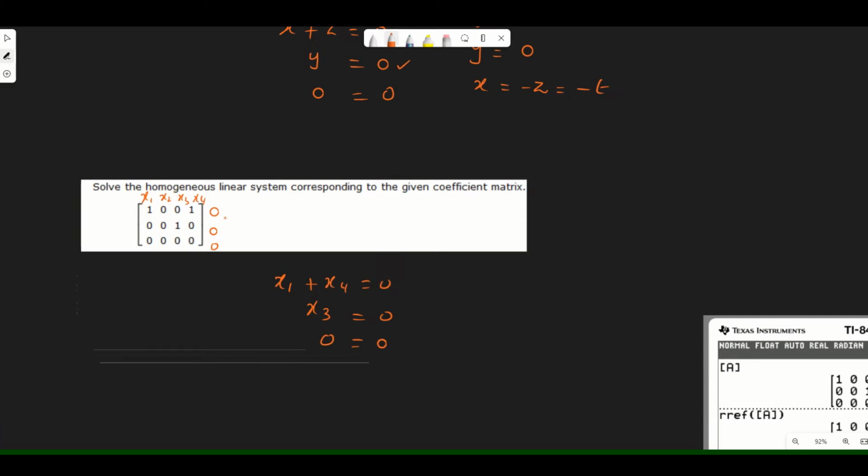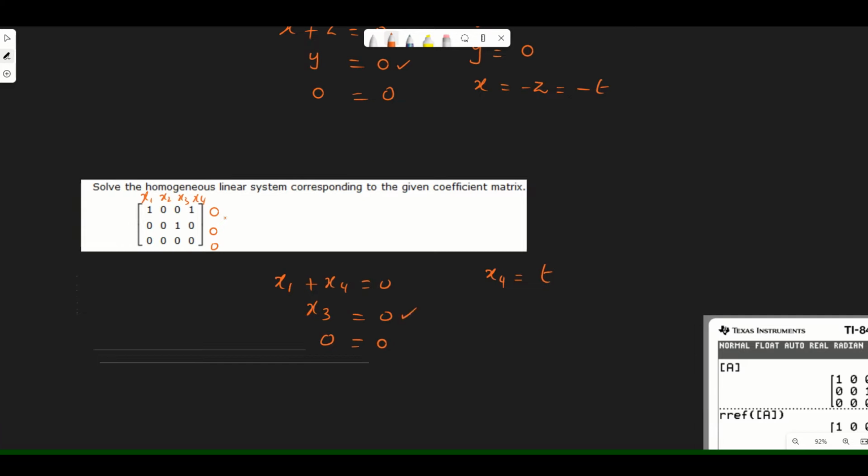So since I have just two non-zero equations with 4 unknowns, using the backward substitution from the bottom, starting with x4, I can take that as a parameter t.